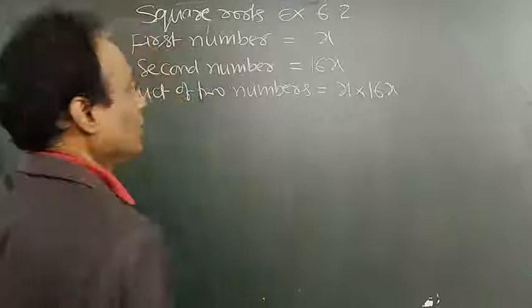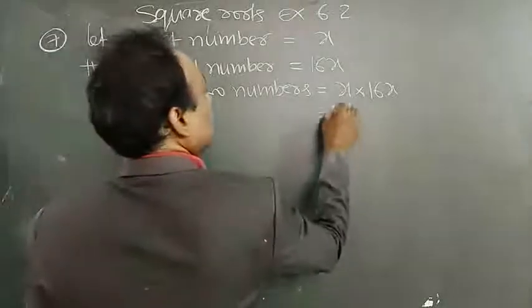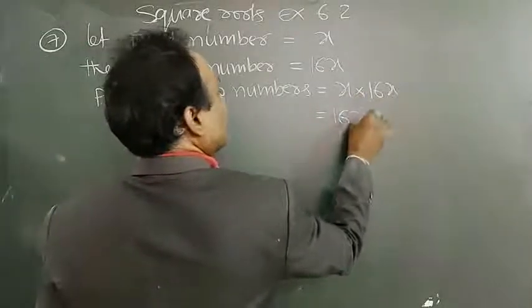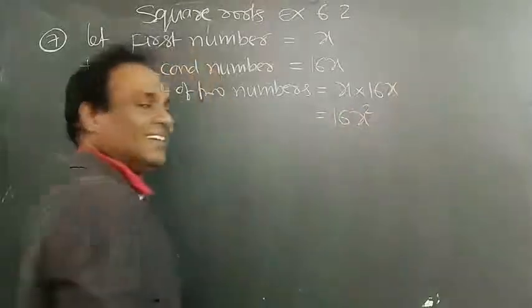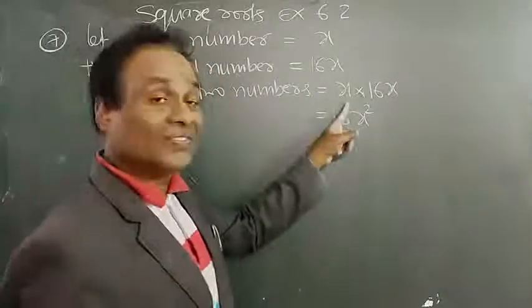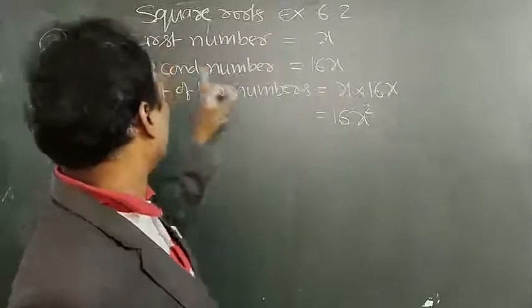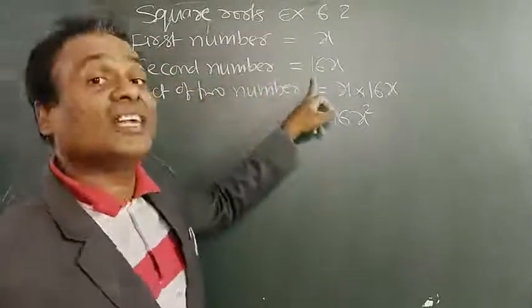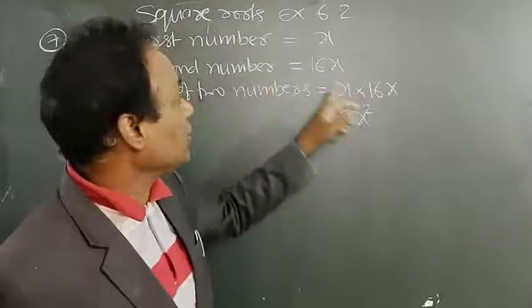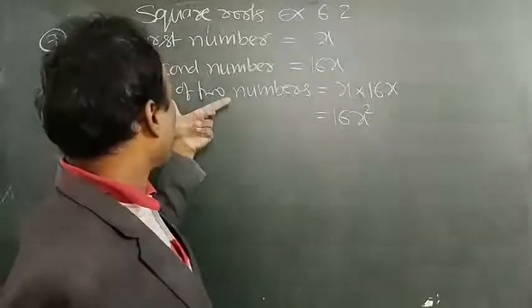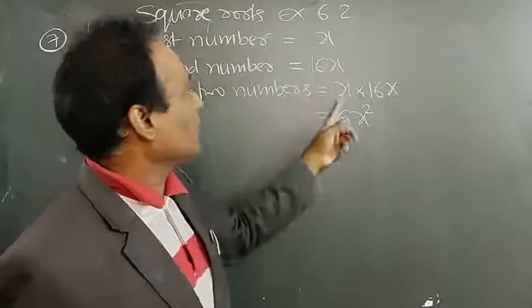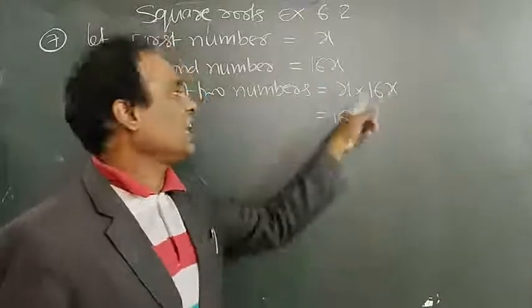So x into 16x is 16 x square, since x into x is x square. Times means into, so 16 into x. Product means this into this, x into 16x, so 16x square.